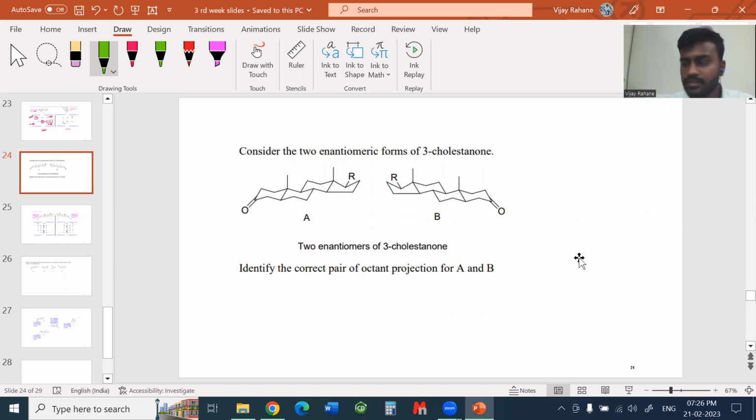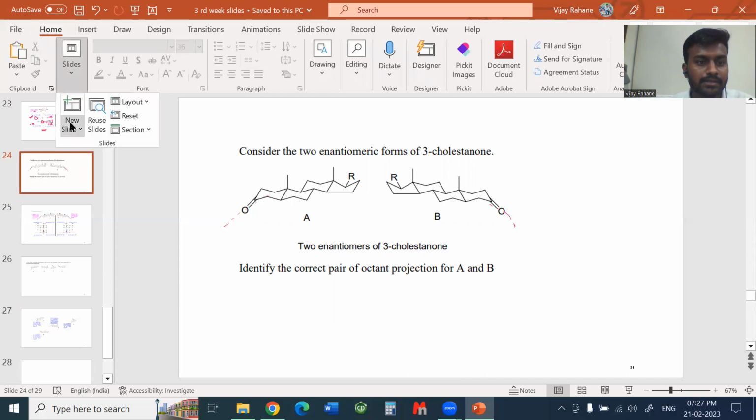This one is a little complex molecule, so I have already drawn the structures. I will just explain here how to draw. For this one, we need to see from this side, right? And for this one, we need to see from this side. For the A molecule, we will draw first, and then for the B molecule, I'll take one blank slide.